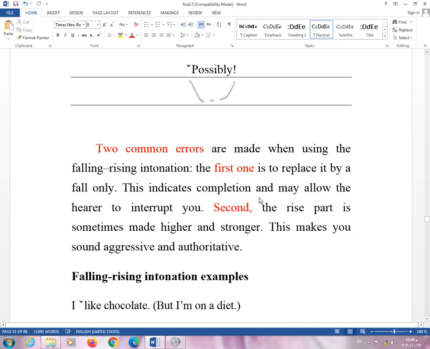And number two, the rise part is sometimes made higher and stronger, as this makes them sound aggressive and authoritative. So we have to make sure that we say this tone the right way with the right rise and fall.